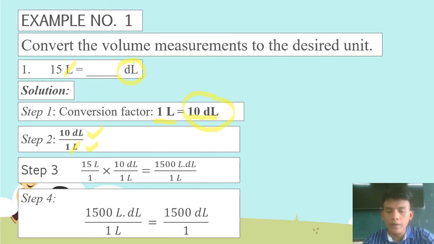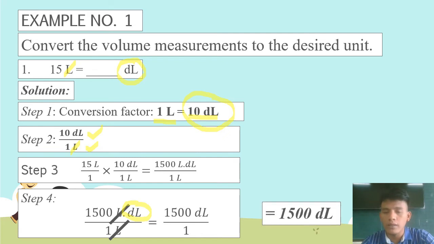Liter from our numerator and liter from our denominator will be cancelled out. The remaining is deciliter, our desired unit. 1,500 deciliters over 1 is equal to 1,500 deciliters. And that will be our final answer.